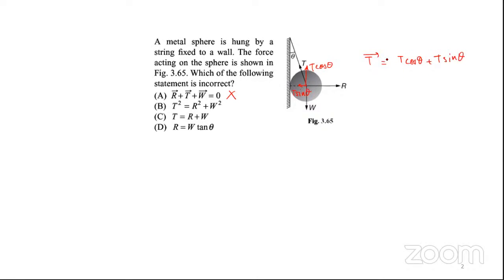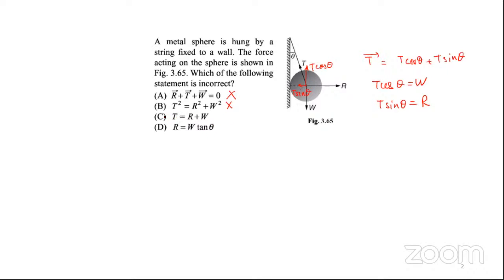If you square it, t square, so we have t cos theta equals w and t sine theta equals r. If you substitute these values and square, you will get B as a correct equation. So that will also be removed.